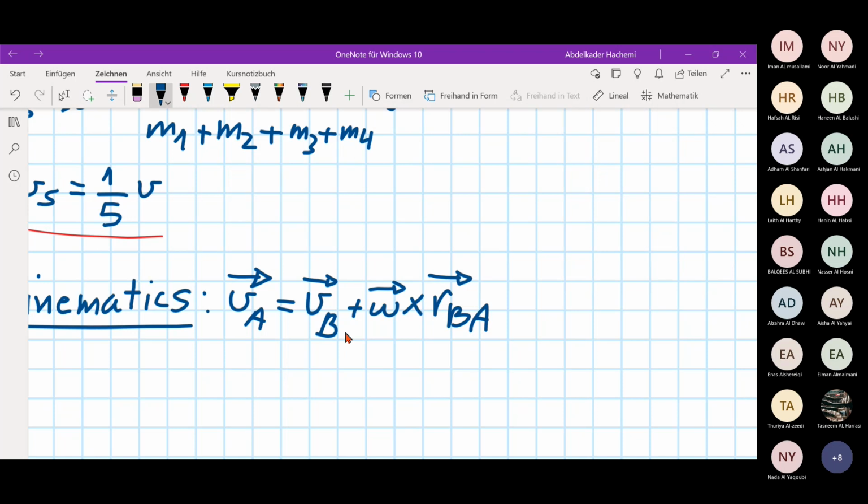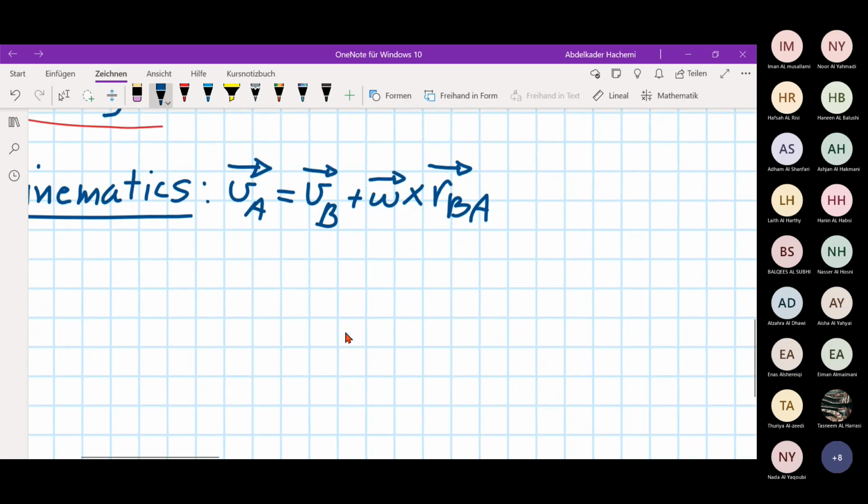Now, if we apply this, then here we have the velocity V1 of the mass M1. I write it here simply for simplification of notation.